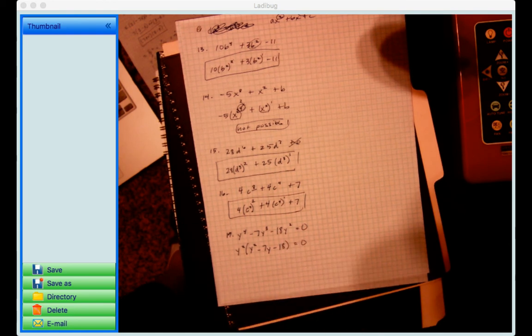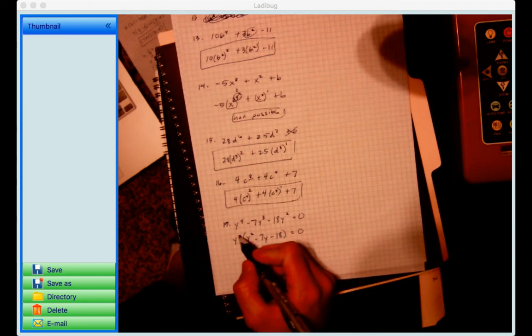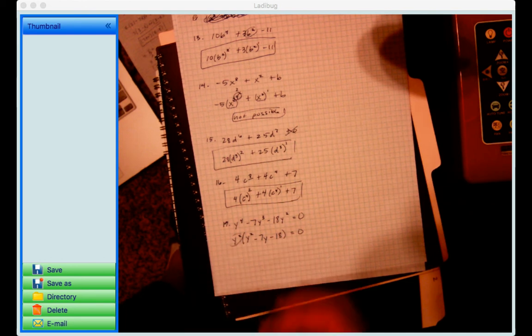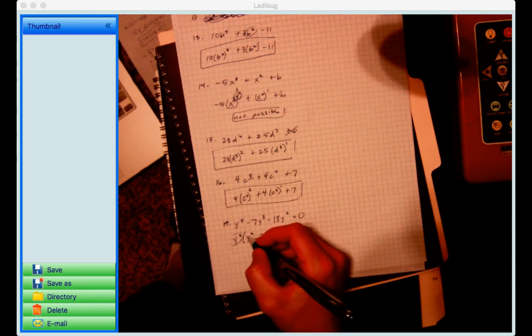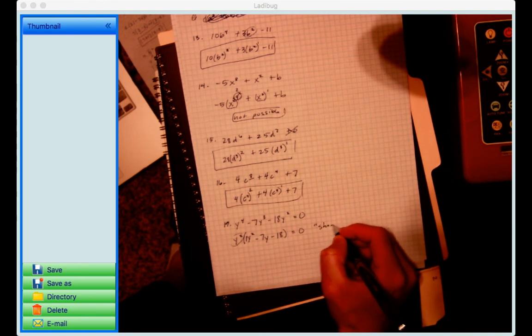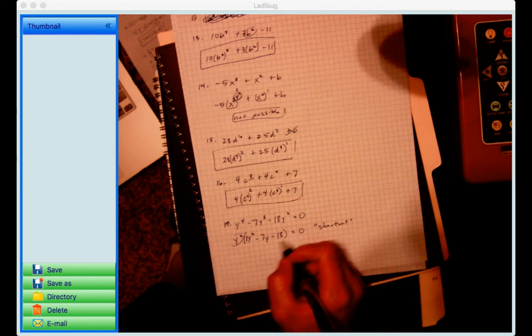Now again, go back to our old way, how we did on the very first ones. I'll leave this alone. I can't forget about this, but I'm going to leave it alone until the end. My first term here, I have a 1, so I can do my shortcut. You don't have to, you can do the long way. So that just means I can go right to my last term.